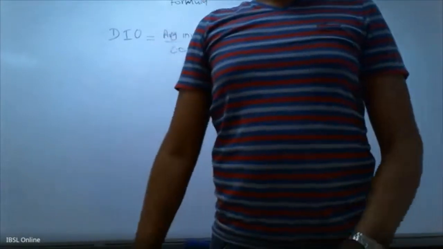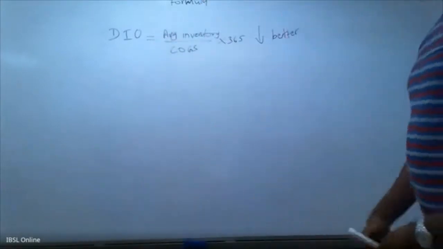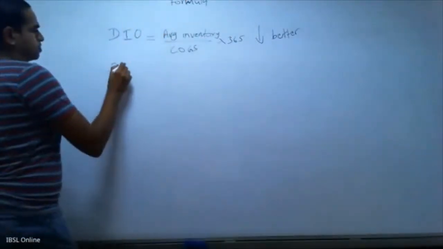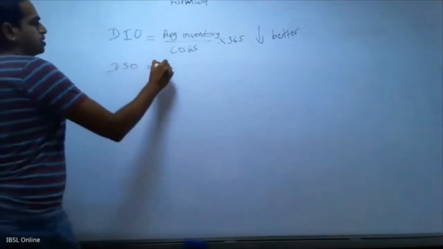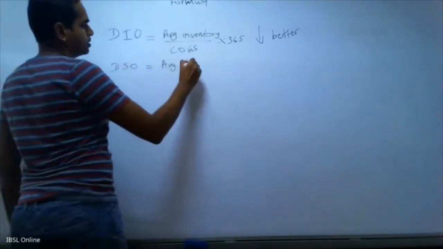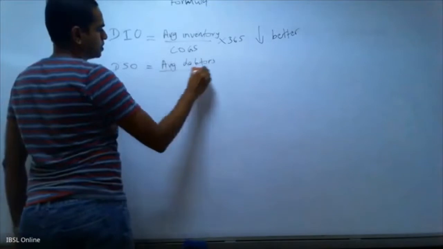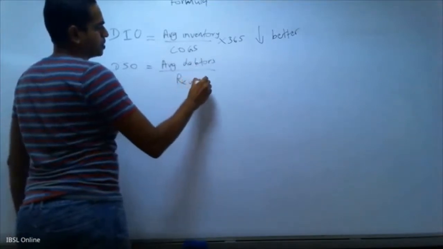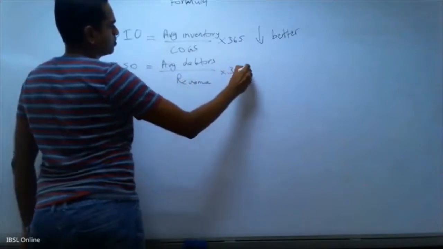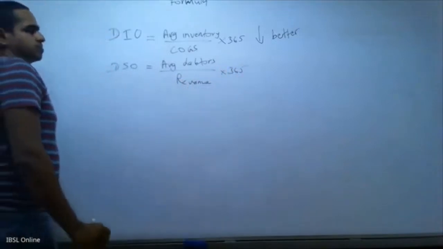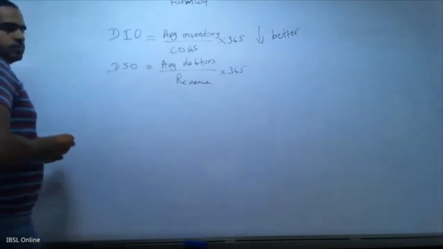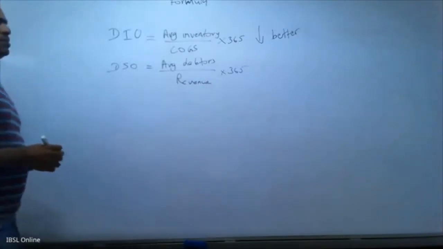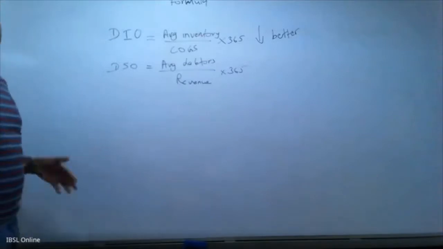Days sales outstanding. This is your average debtors divided by your revenue per day. How much credit are you extending?